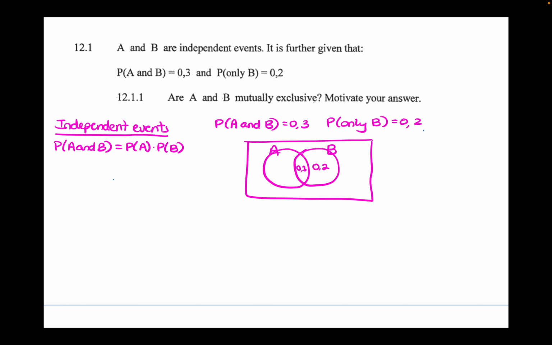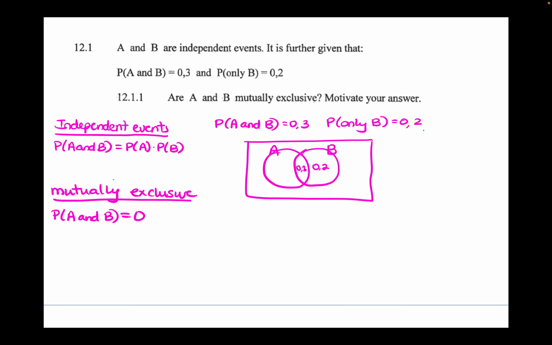Okay, so are A and B mutually exclusive? Mutually exclusive is also an important term, and mutually exclusive means the two events cannot happen at the same time. So that means the probability of A and B has to equal 0.